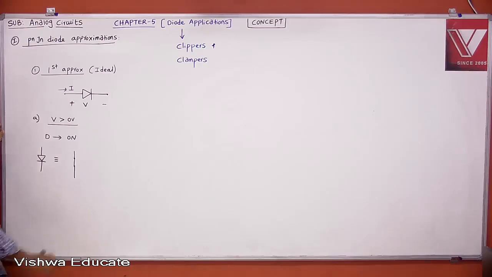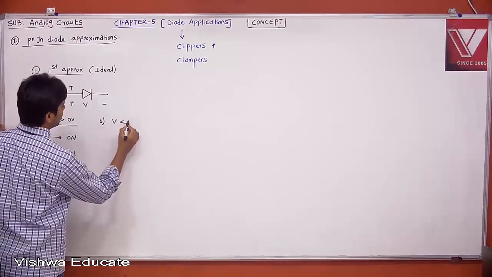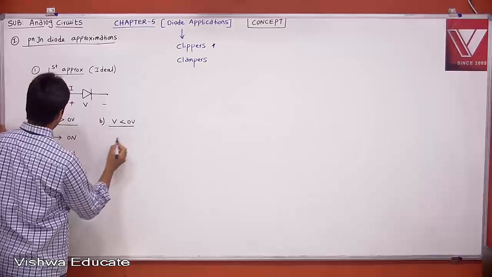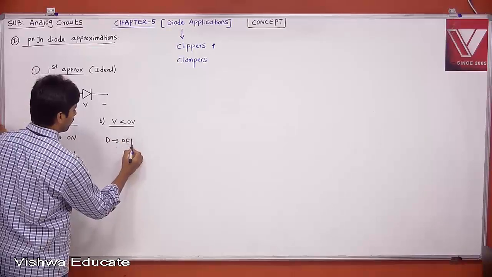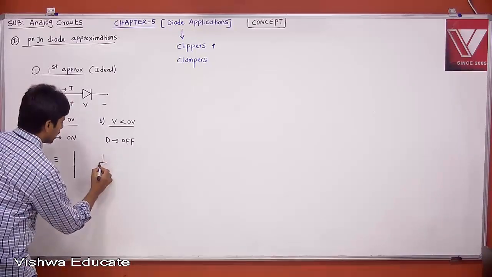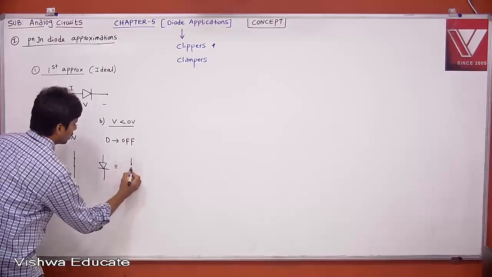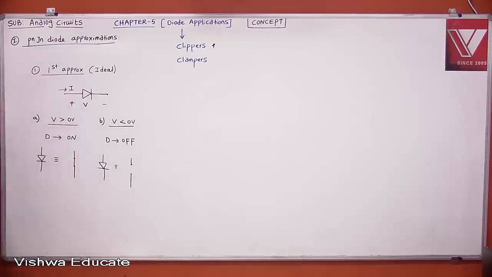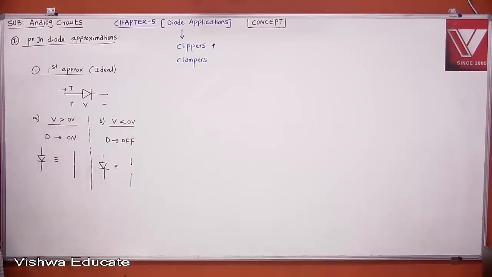Case B: if V is less than 0 volt, basically negative, then the diode is off. That means the PN junction diode is represented as an open circuit.